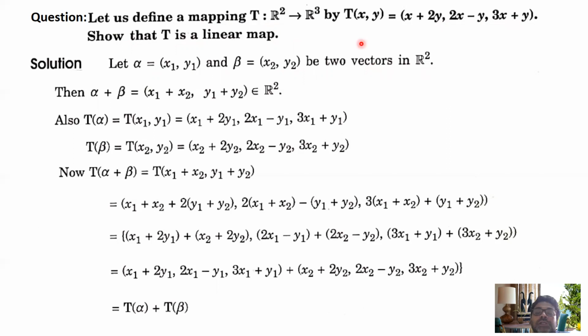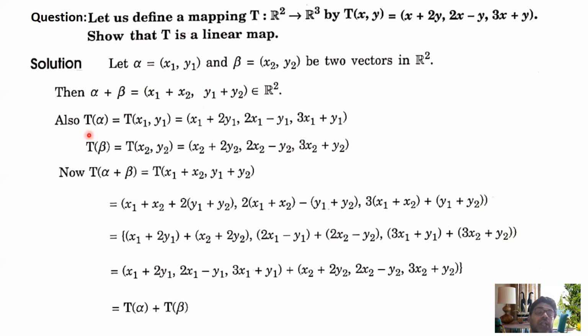When you consider these two, they satisfy this relation. Then alpha plus beta is equal to (x1 plus x2, y1 plus y2), which belongs to R2. This is also a two-dimensional coordinate.